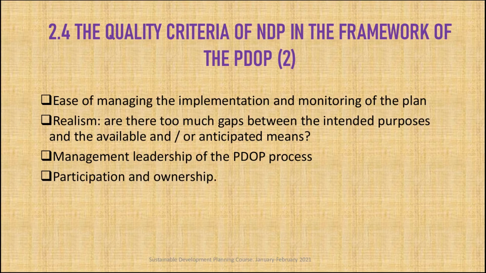We have seen that the major stakeholders must really be involved all over the steps of the preparation of the plan, and also the institutions that are supposed to implement it must own the plan, so they may be able to get used to it and implement it smoothly.